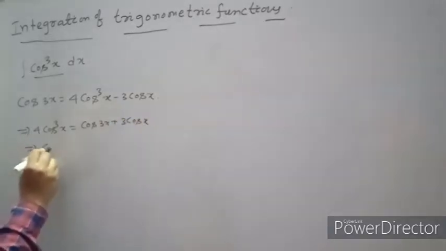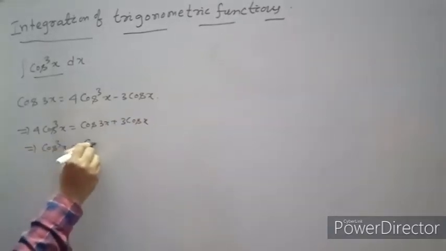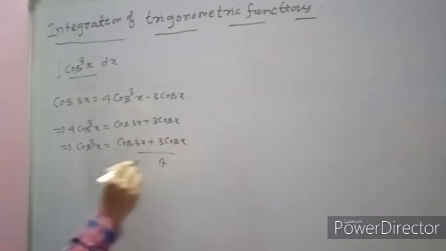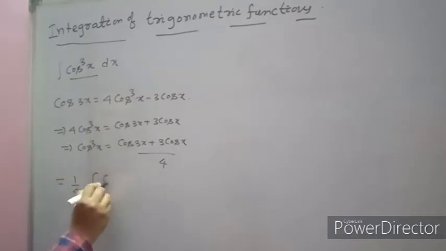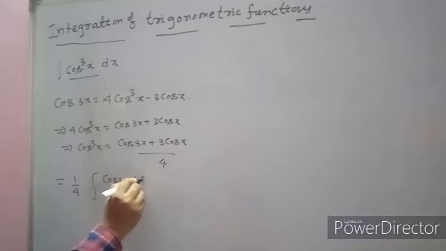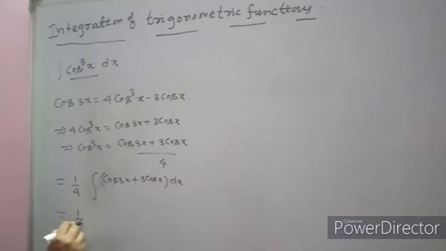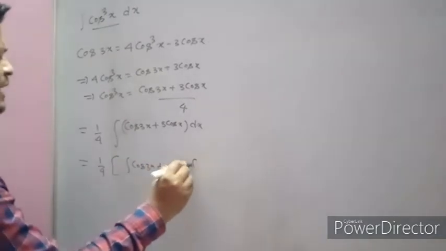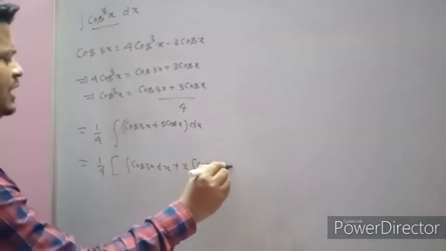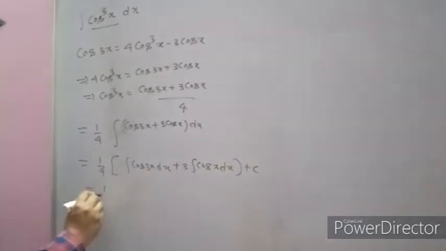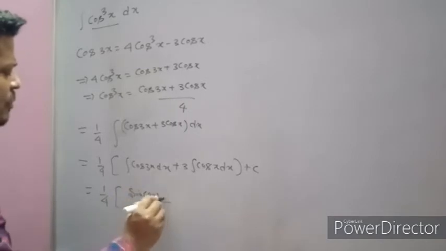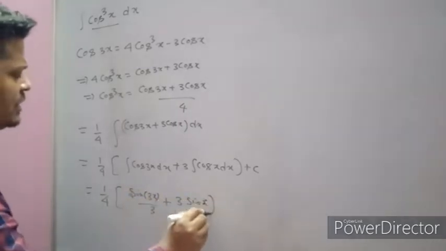So cos cube x would be (cos 3x plus 3 cos x) divided by 4. So you can put 1 by 4 integration (cos 3x plus 3 cos x) dx. So what you get? 1 by 4 [integration cos 3x dx plus 3 integration cos x dx] plus c. 1 by 4 [sin 3x by 3 plus 3 sin x] plus c.